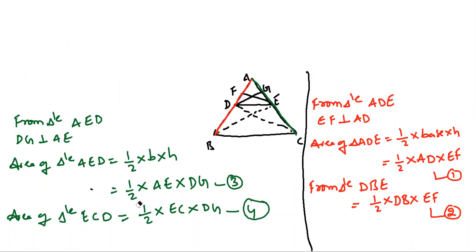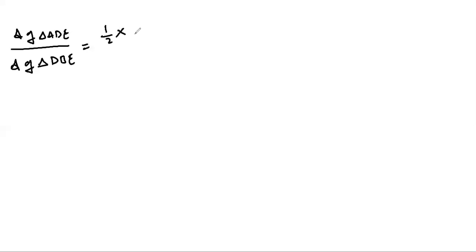Instead of this, we'll go to the next page. Now divide 1 and 2. So 1 is what? Area of triangle ADE divided by area of triangle DBE. DBE is equal to half into, so what is the base?